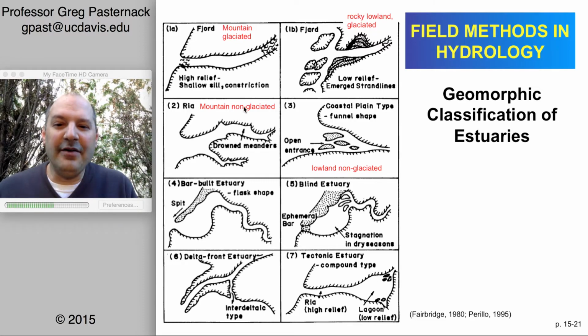Then if we go out of the glaciated setting, but go back to the high mountain kind of conditions, or at least high relief hills, then we have what are called rias. These are very common in Spain, hence the name. And if we come to a very lowland, like alluvial coastal plain setting, then we just call it the coastal plain type of funnel-shaped estuary.